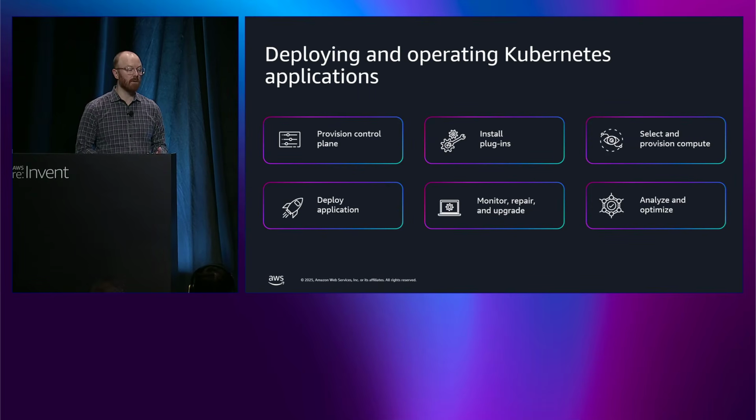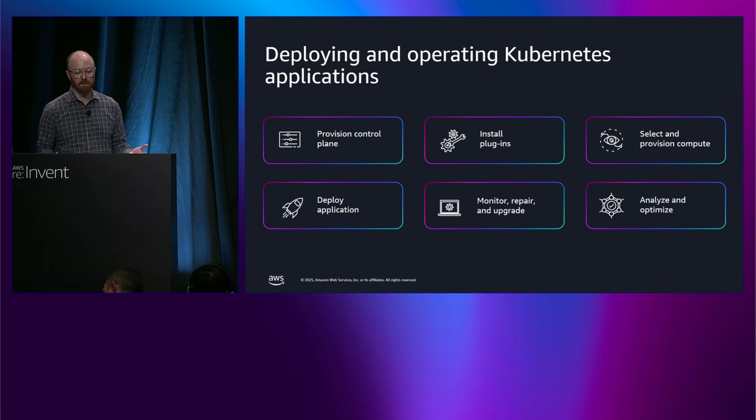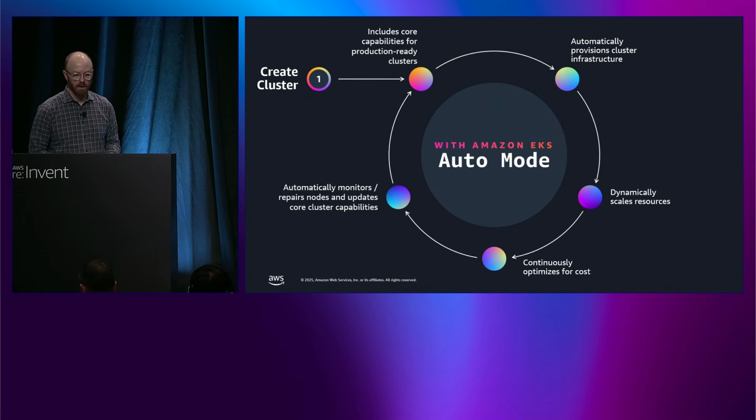With the applications deployed, you had to continuously monitor all of this infrastructure and software, repairing it when unexpected issues inevitably arise, and upgrading it as new Kubernetes versions or operating system patches are released so they can remain up-to-date, compliant, and secure. All of this was operational work that you had to take on, which was reflected in the architecture of a non-Auto Mode cluster.